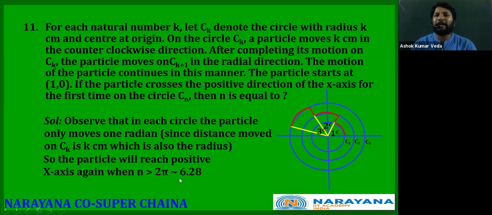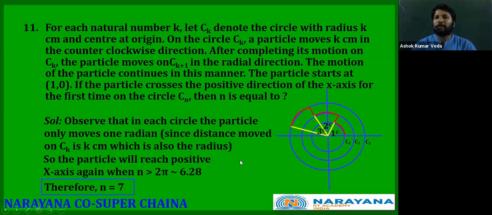And we know that the particle will reach the x-axis when the total radians moved is greater than 2 pi. So 2 pi itself is 6.28, and so your n must be 7. Did you figure that out?